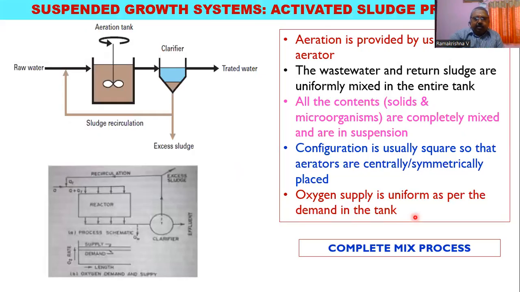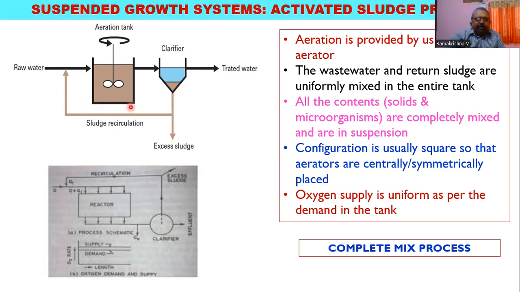Now we have two different types of mechanisms. One is the activated sludge process. Here, the entire contents of the sewage along with biological solids are put in a tank, and then all the solids and organic content are made into a floating condition. This is the tank.